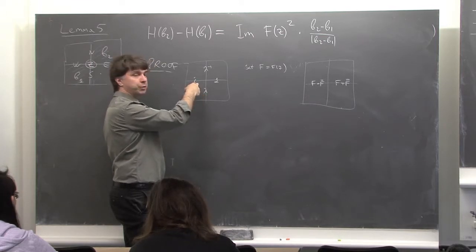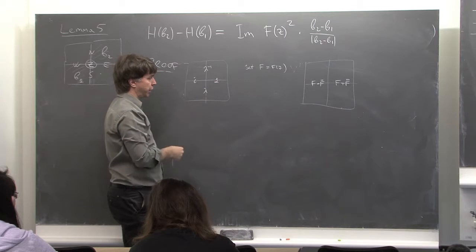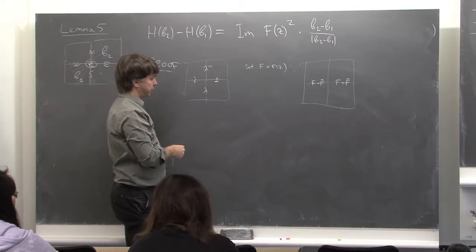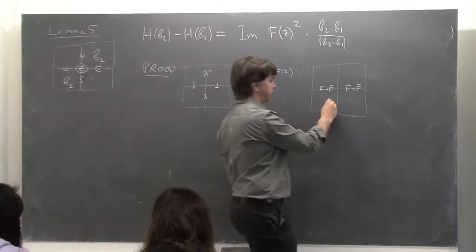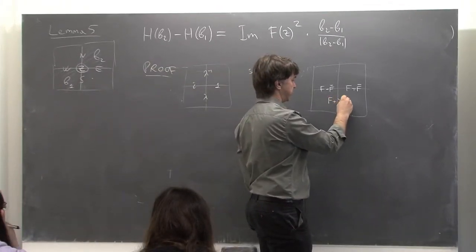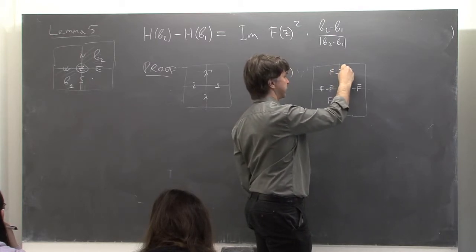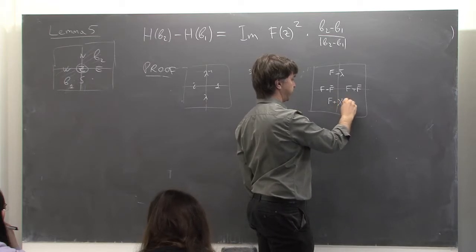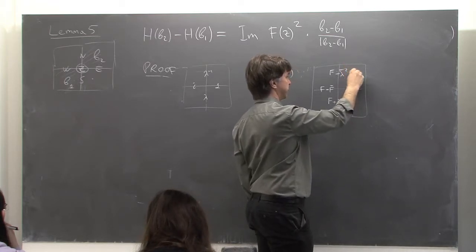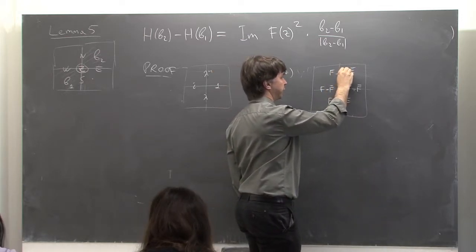So it's not the imaginary part, it's the imaginary part times i. And similarly here, the projection on a lambda line times lambda. So this would be just f plus lambda f bar, and this is f plus lambda squared f bar, and this is f plus lambda bar, lambda minus 2 f bar.